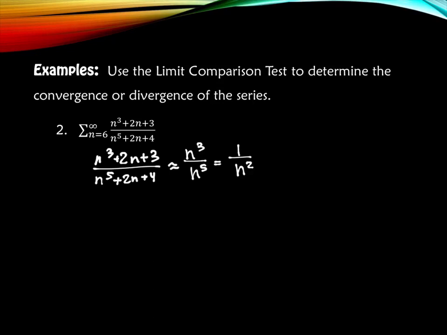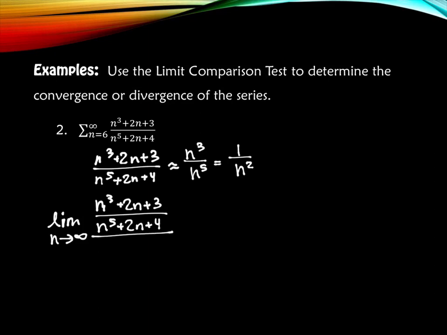I have to show the limit of the ratios, okay? So it doesn't really matter which one of these you put on top. We're going to do the limit as n goes to infinity. I'll just use the first one I had, so n cubed plus 2n plus 3 over n to the fifth plus 2n plus 4. And then it's a ratio between that and 1 over n squared. Before we go any further, I'll flip my fractions. But that's the ratio that we're looking for here.